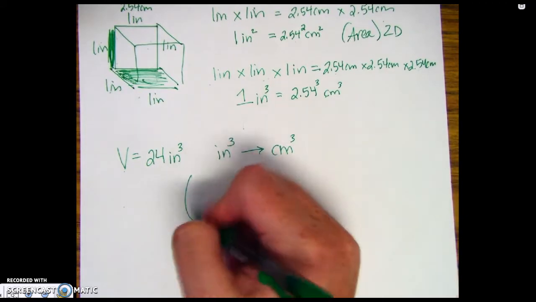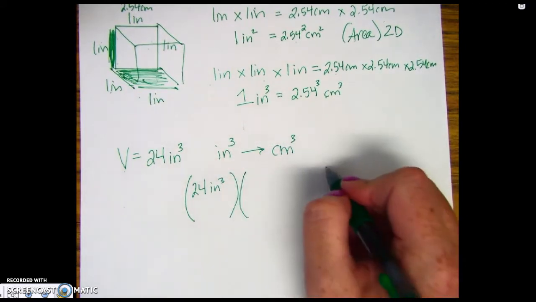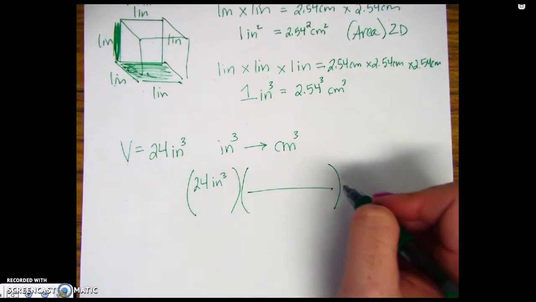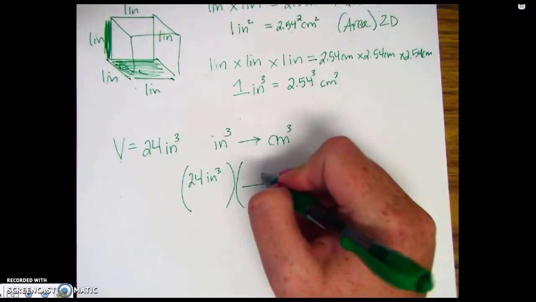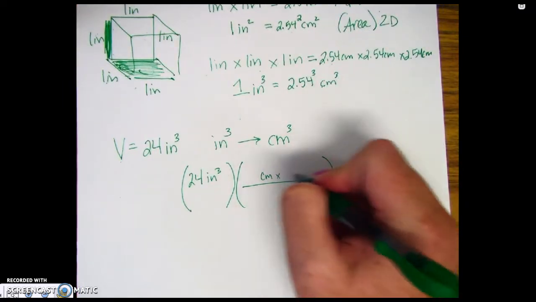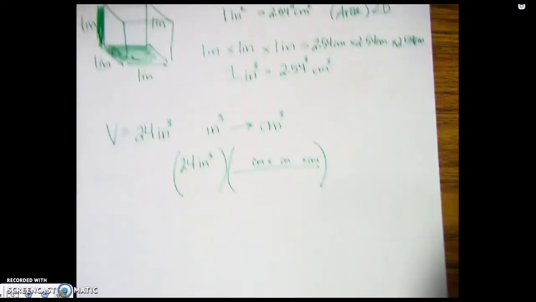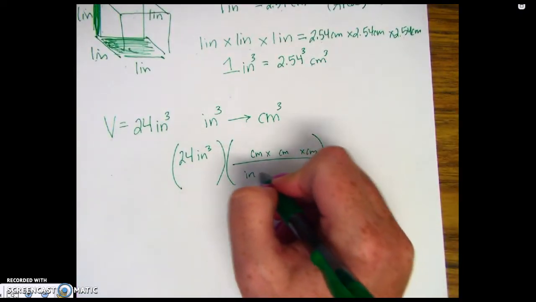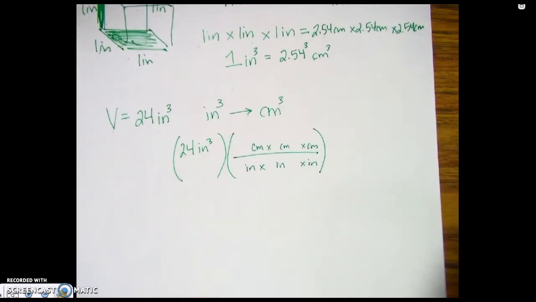I just want to show you what this visually looks like. 24 inches cubed. Now, I'm in cubic units. Volume's cubic units. So I know that I need a centimeter by a centimeter by a centimeter. And I know that I have an inch by an inch by an inch.